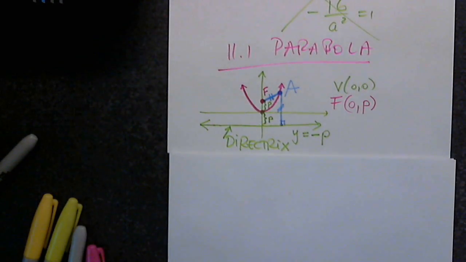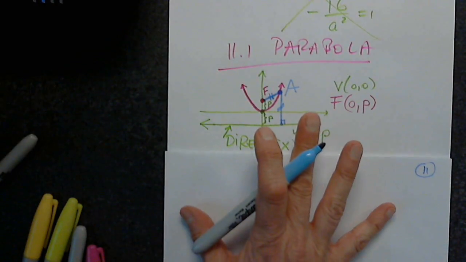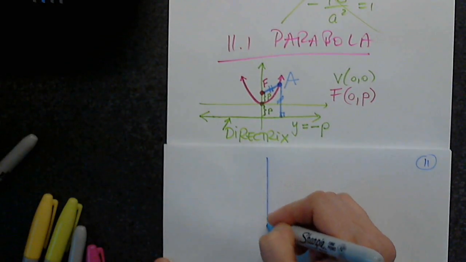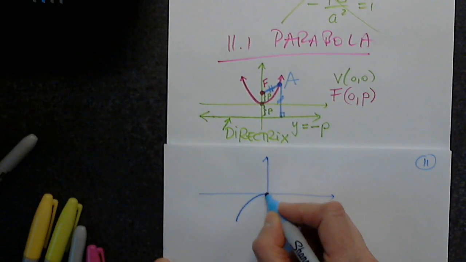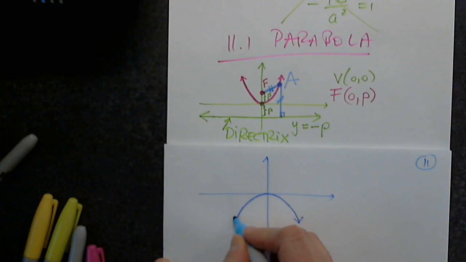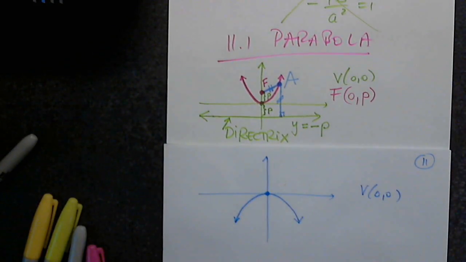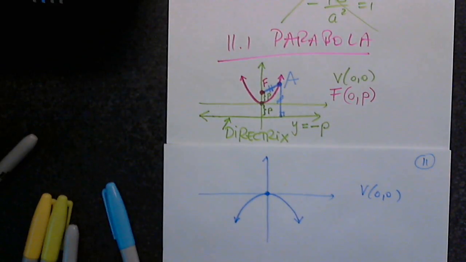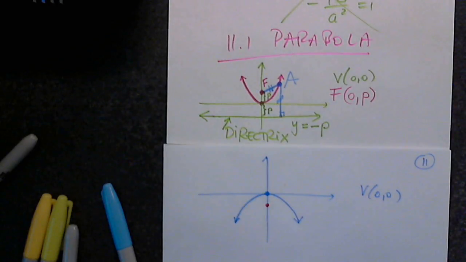Now, I have not shown the equation of the parabola just yet, but I would like you to tell me, this is the same vertex, right here, (0, 0). What will be the coordinates of the focus of the parabola?